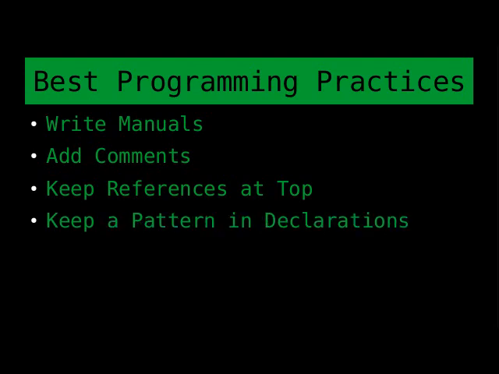And keeping a pattern in your declarations. If there's certain spots where you're going to declare a variable or declare a class, say if you're building classes and maybe you want to put all your variables up at the very top section of your class, you don't want to break that pattern and later on create a variable declaration that's down towards the bottom.